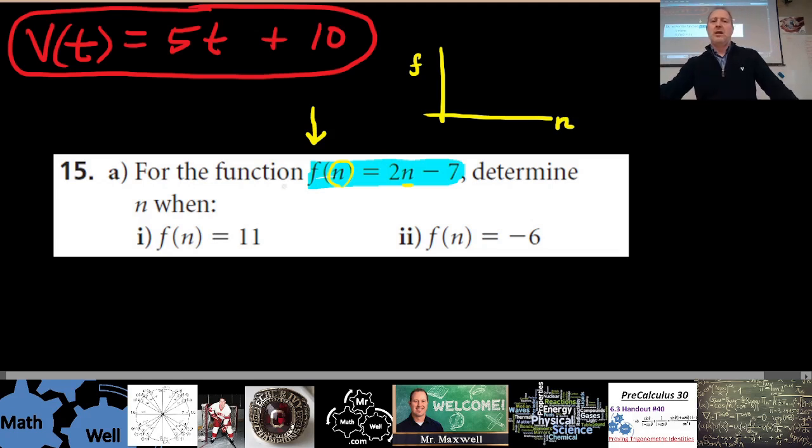Okay. So I am asked to find n. I have to solve for n when f of n is 11. So that means that this function value has to be 11. You see, f of n is 11. I simply substitute f of n for 11, and I'm solving for n.